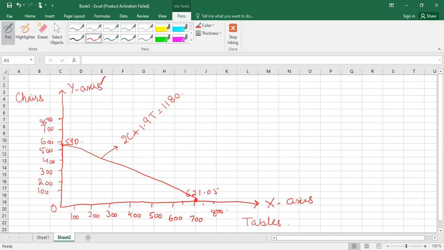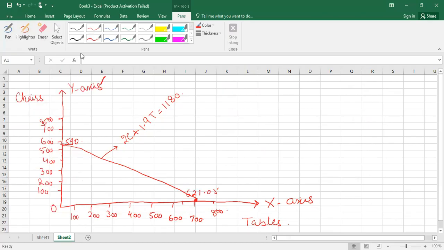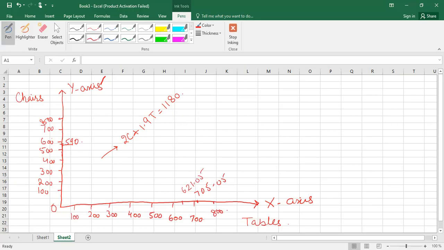So it is 705.25, a little greater than this 700. Here my line, here I am representing 705.5 and this point was 621.05 and here 498.57.